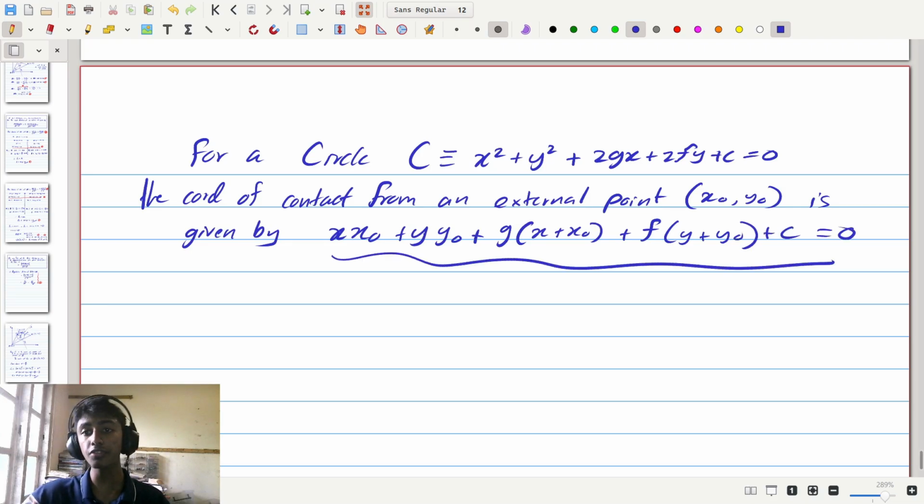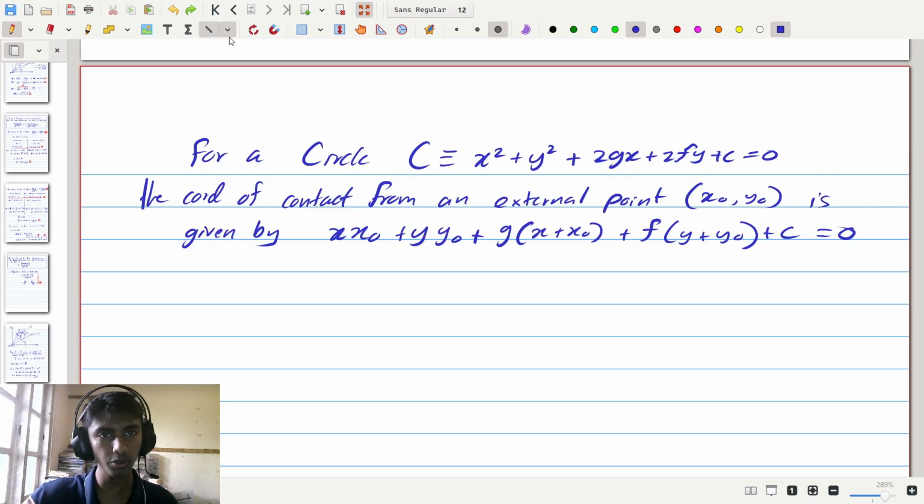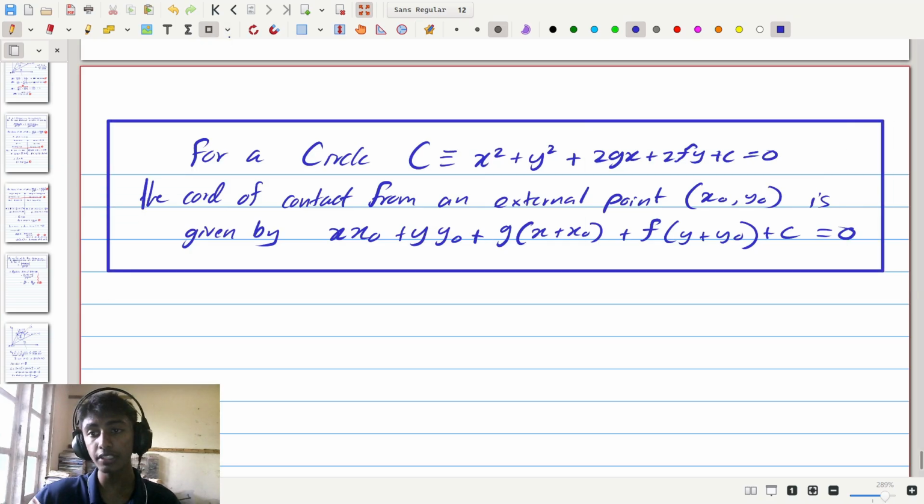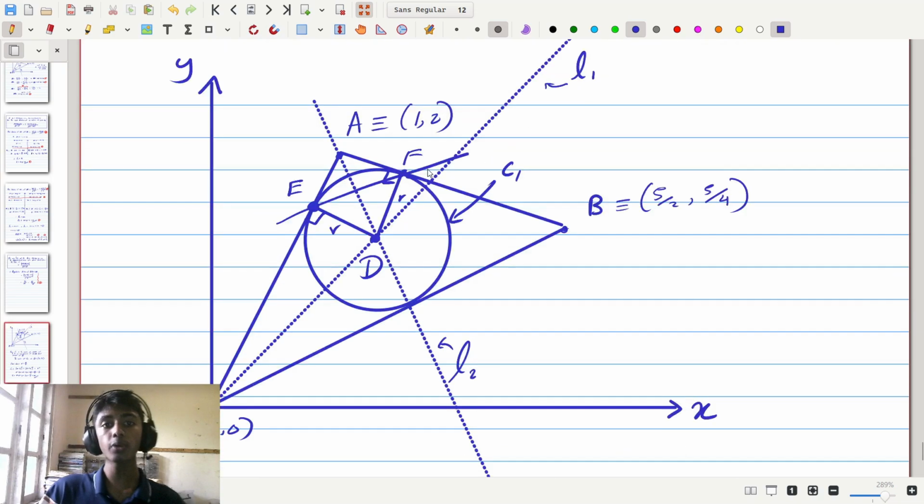So we can use this fact, which let's put in a box first, to find the equation of the chord of contact from the external point A to the circle C1, which is going to be the line EF.